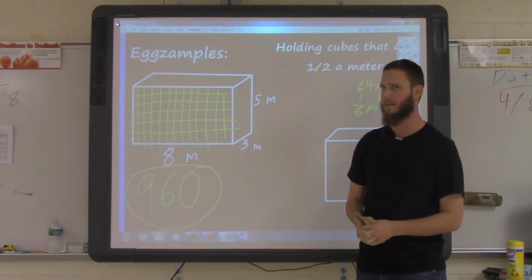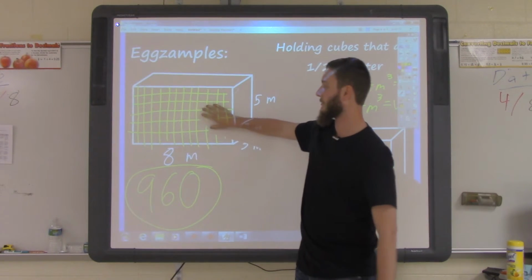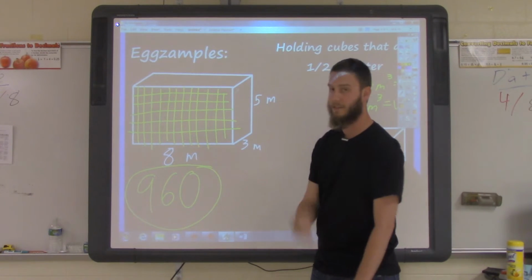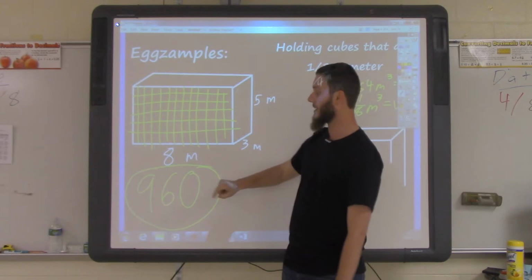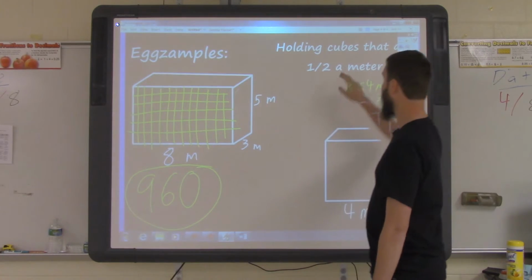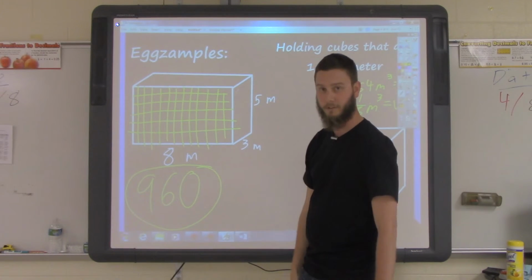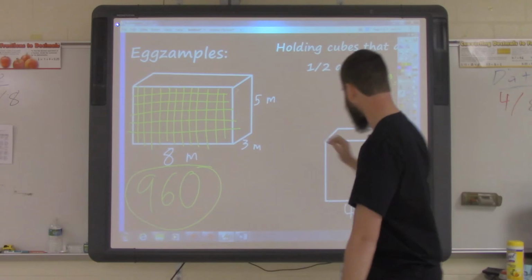If we assume that each one of these smaller cubes inside of this box equals about half a meter on either edge, then we can assume that there are going to be 960 half-meter cubes fitting inside of this prism. That's what we're finding whenever we solve these types of problems.